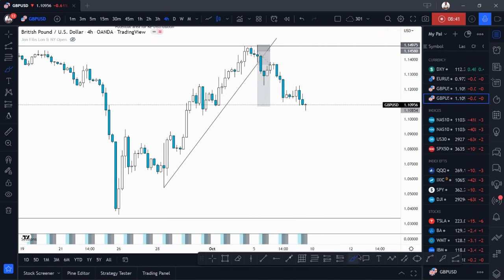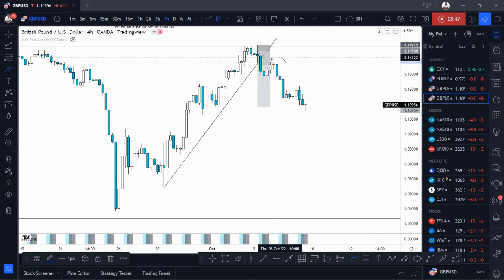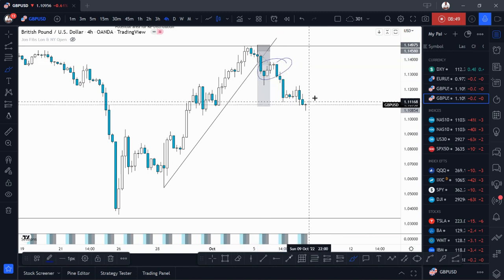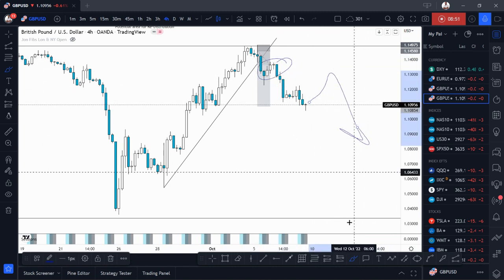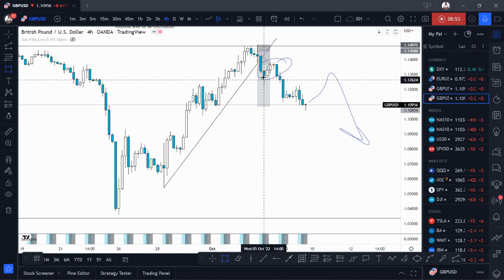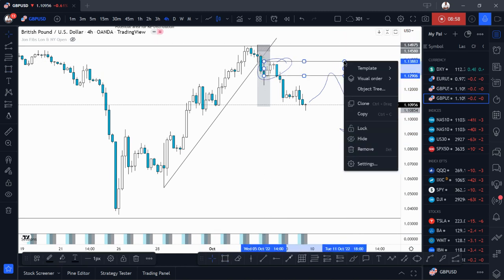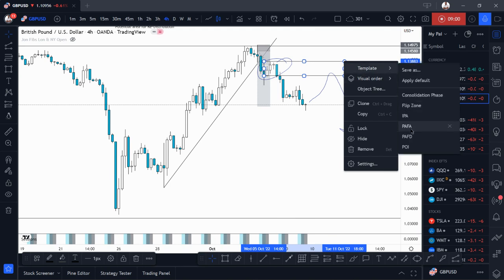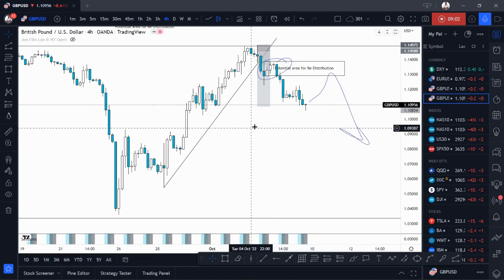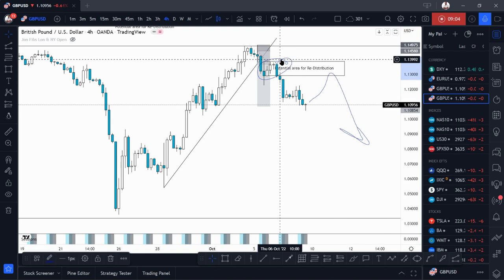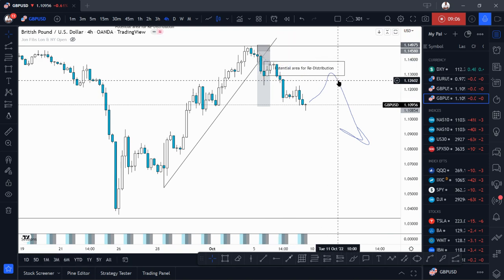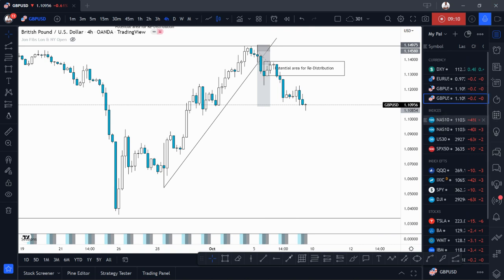So probably I'll be expecting this as well to give me a revisitation into this area, probably here, and then continue all the way down. So potential area for distribution. Okay, that'll be that for that.